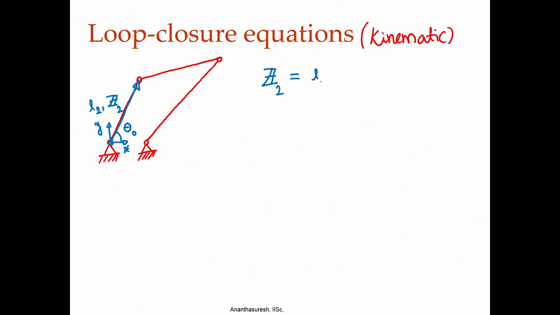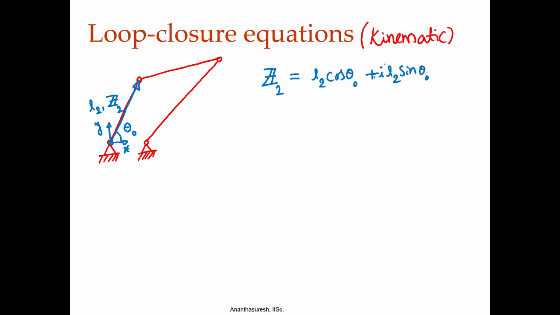I can write it as L2 cosine theta 0, that is the real part, and then L2 sin theta 0, that will be the complex part. I will put i. Okay. So, we have written the input crank as a vector and represented that using a complex number.